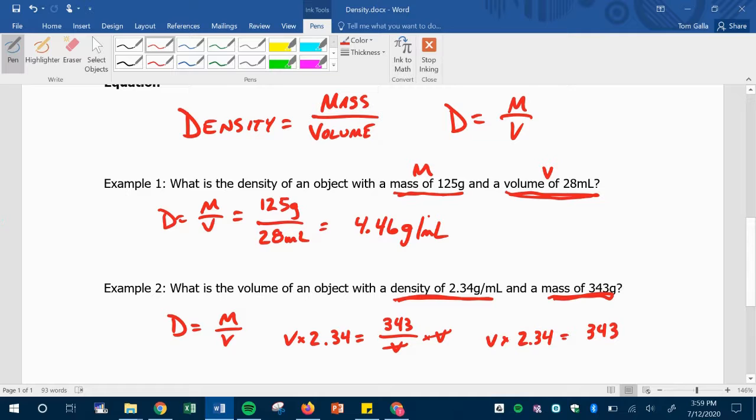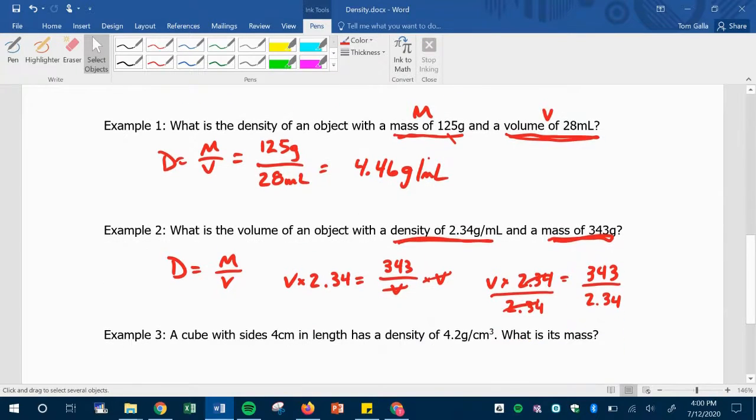Now from here, if we have v times 2.34, we know we can divide both sides by the 2.34 to solve for our volume. And then our 2.34s cancel, leaving us with our volume is equal to 343 divided by 2.34, which in this case gives us 147 milliliters. Don't forget your units as you're plugging these in or when you're writing out your final answer.